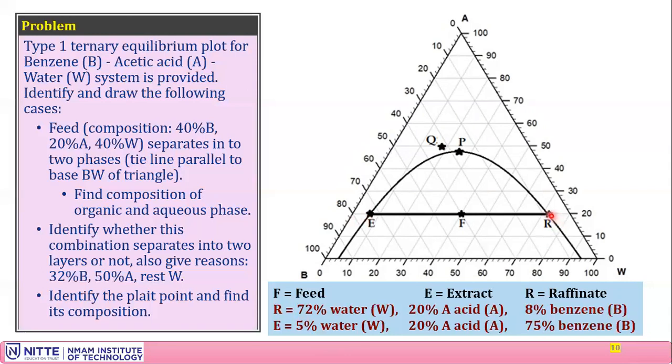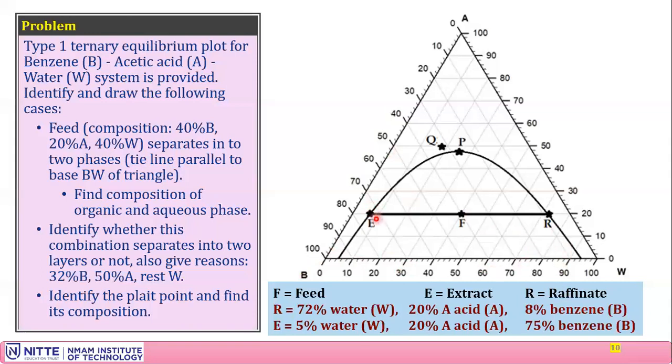So R, if you look at it, A, this value is 0, 10, like that, it's going upward. So R is 20%, right? 20% of A. And W is somewhere here, 72%, right? This is 72% over here. W is moving this way, A is moving this way, acetic acid, and benzene is moving this way, 0 to 100. So you have to find out from the lines.